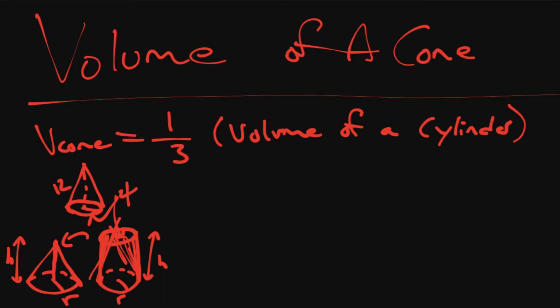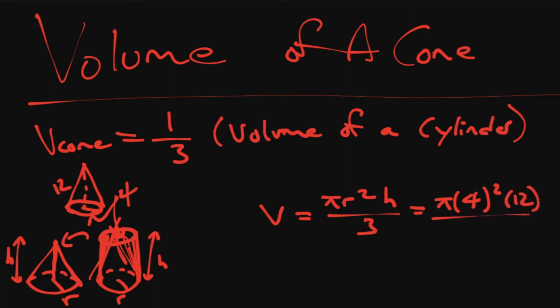So the area of the circle is pi r squared, and then times the height, but then 1/3 of that, that's the volume of the cone. So we're going to plug it in: pi times 4, that's our radius squared, and then we have 12 divided by 3.